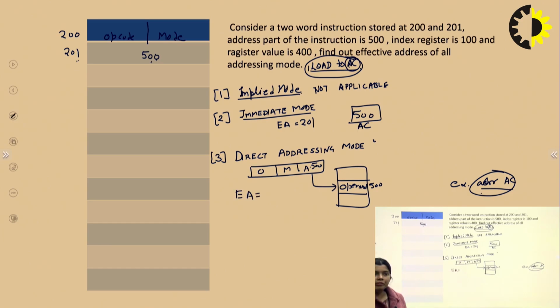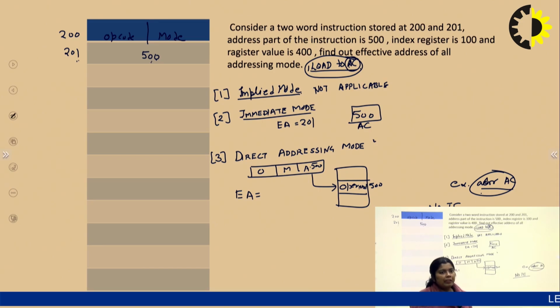Now, how can you find it? The tricky part is that in this particular question you have to assume something, and whenever you assume there are rules. You have to assume the operand, because I know the location of the address, but I don't know the operand value.